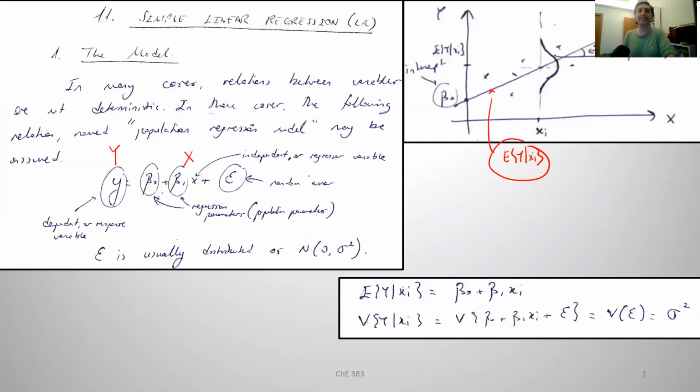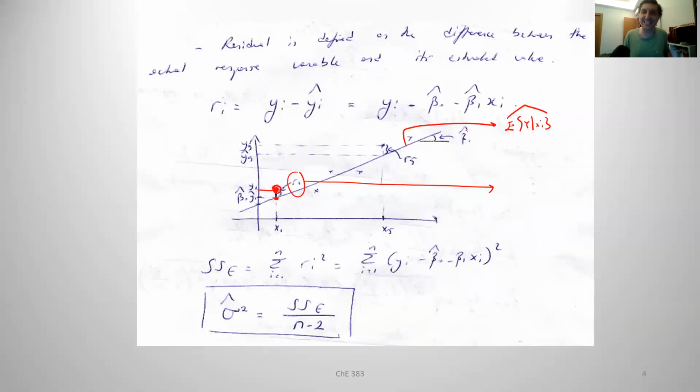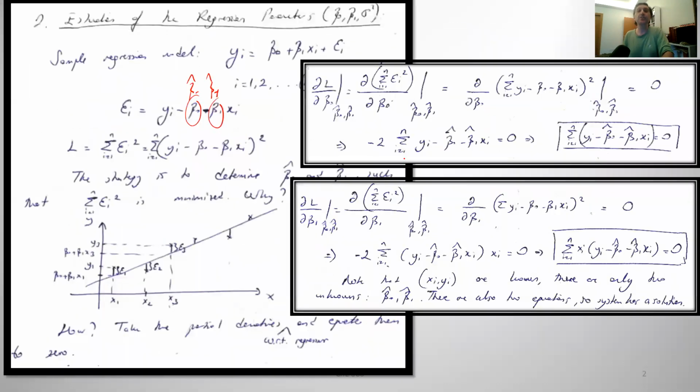That's why this difference is error 1. Whereas in the other figure, since this line is drawn using the estimated values of beta 0 and beta 1, these are called residual 1, residual 2, and things like that. So again, here, the very same abuse of notation.